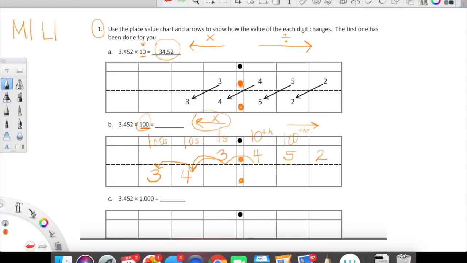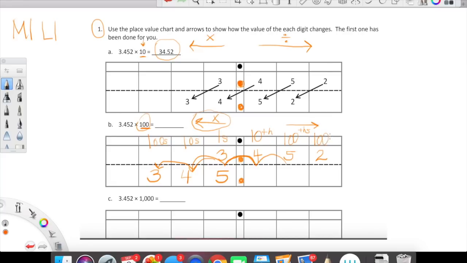It is not a whole number, it is a decimal. It's in our hundredths, but it's going to shift 2 place values to the left when we multiply it by 100, which means 5 is going to land in our ones place value.